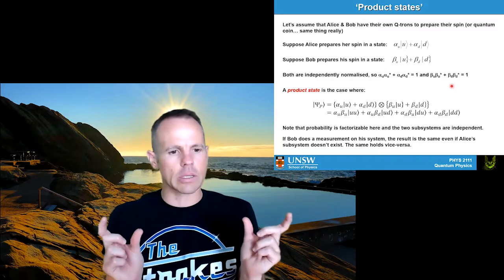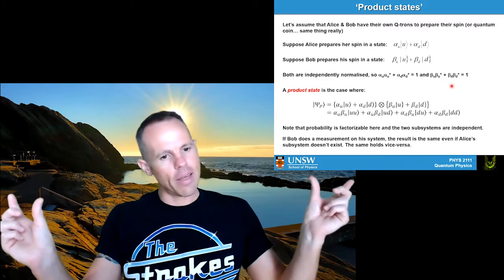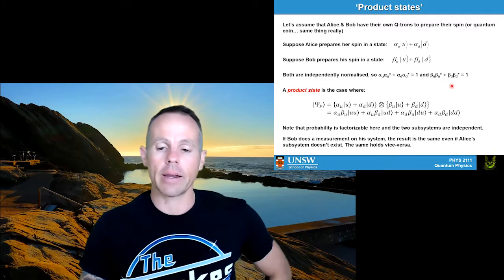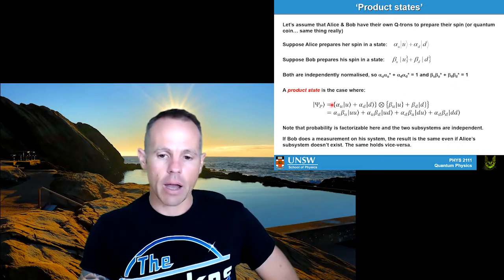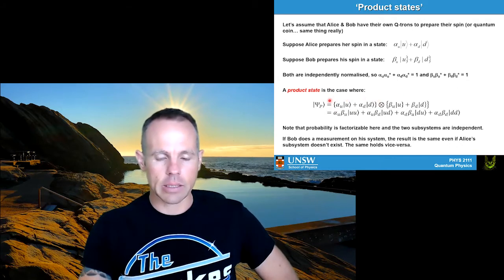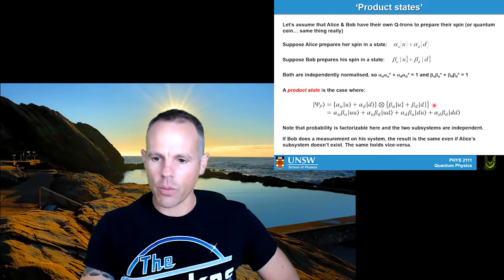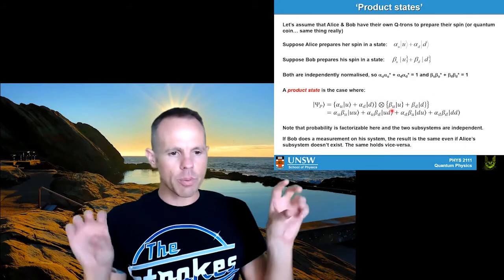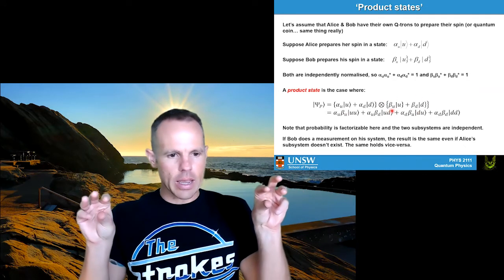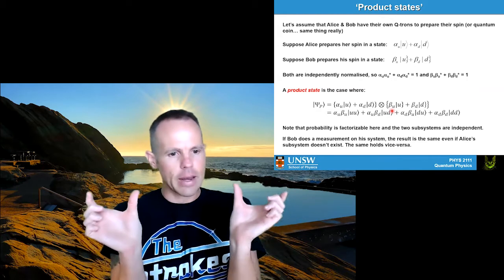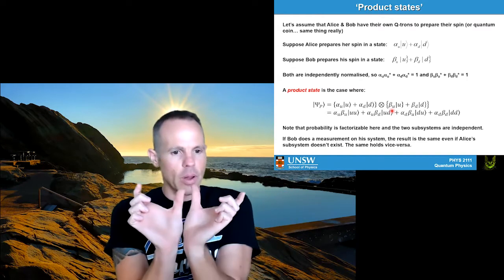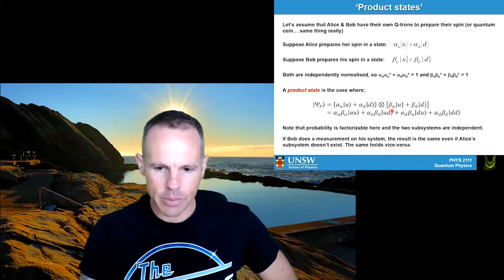It's called a product state because we take one and the other and we just multiply them together. So we've got our first state on the left, which is Alice's state, and our second state on the right, which is Bob's state. When we multiply them together, we're really just getting 4 terms by multiplying 2 bracketed sums together.